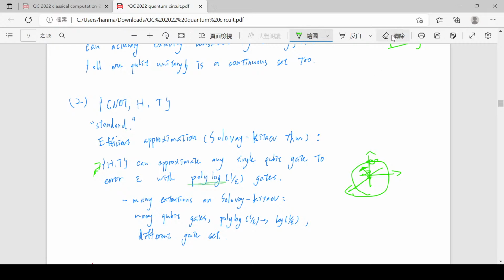Let's go back from our digression one level. So that's one thing you can change on Solovay-Kitaev: the gate set.